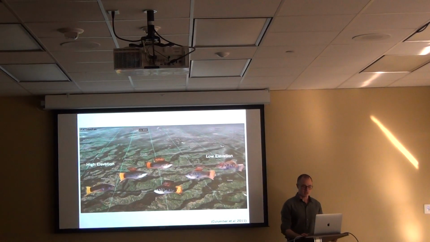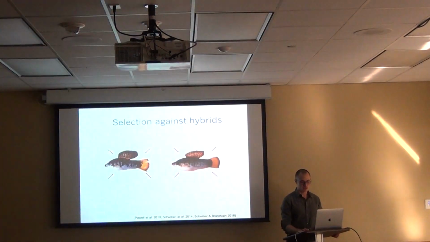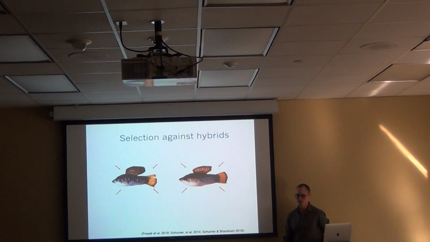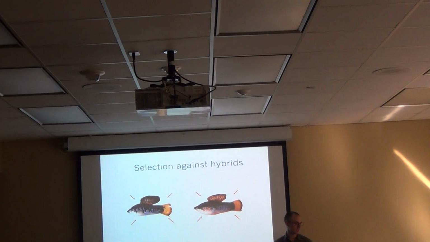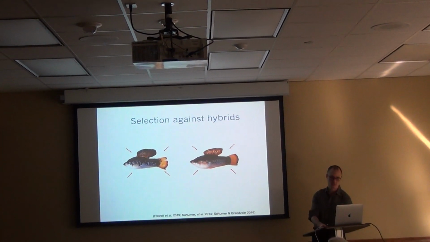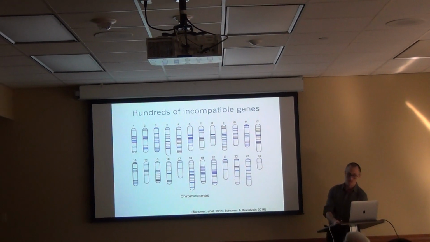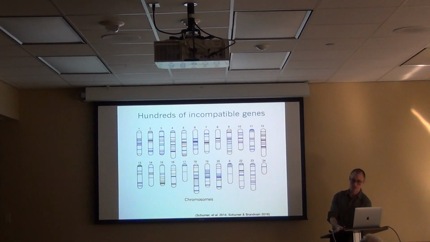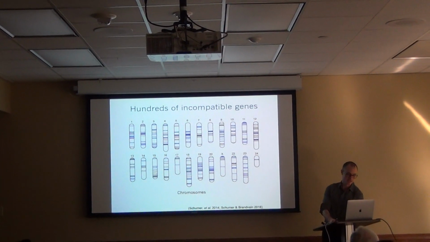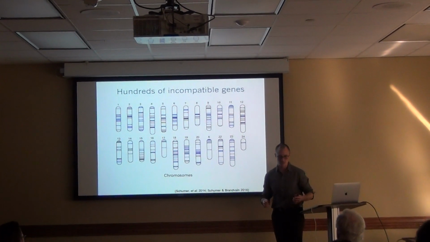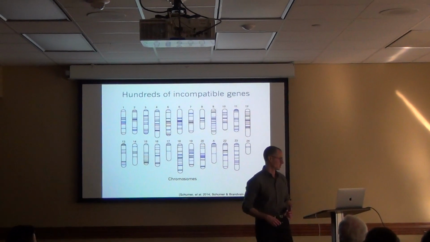And natural selection is acting against these hybrids. So we know that there's hundreds of incompatible genes in their genome. And that level of incompatibility is creating this strong selection against them.